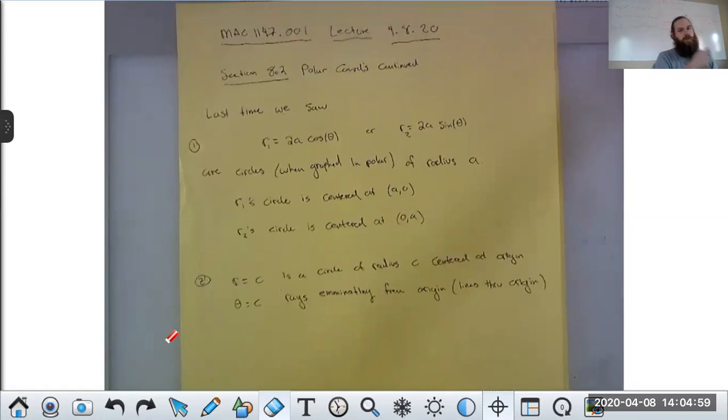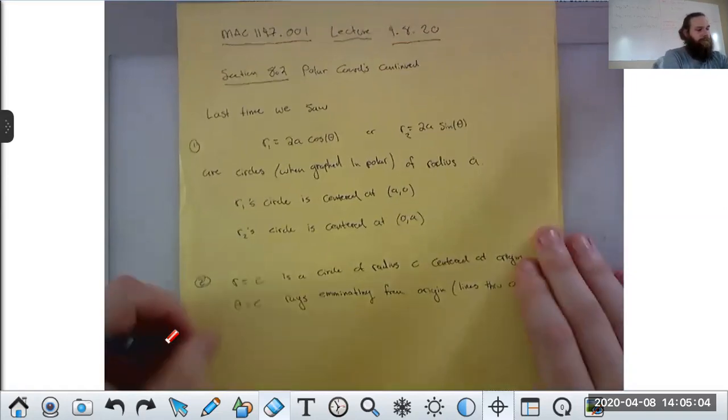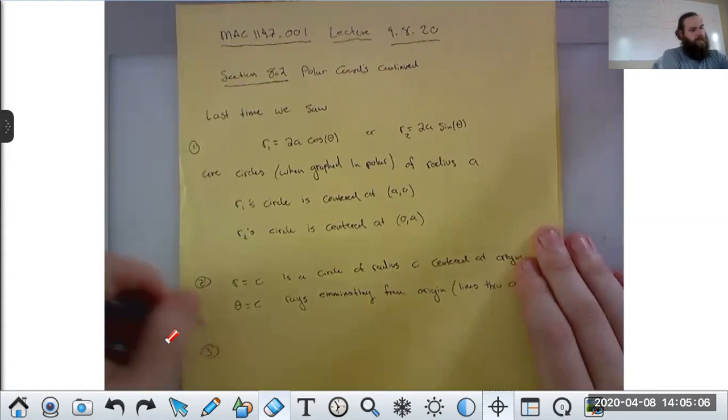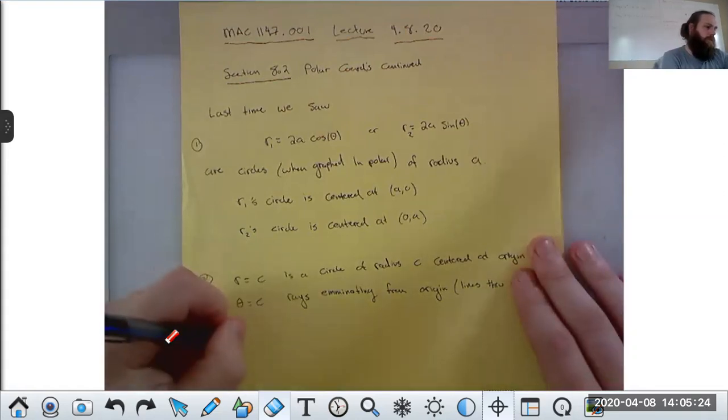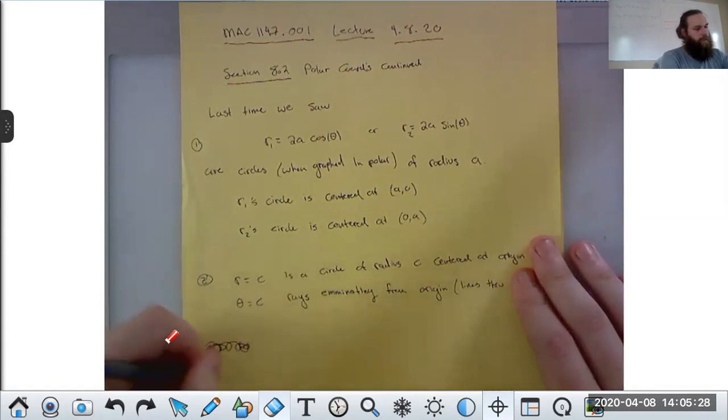And I want to start to stretch this out. We did look at cardioids. I don't think we looked at many cardioids. So let me see. I think last time we did 2 plus 2 cos theta, right?